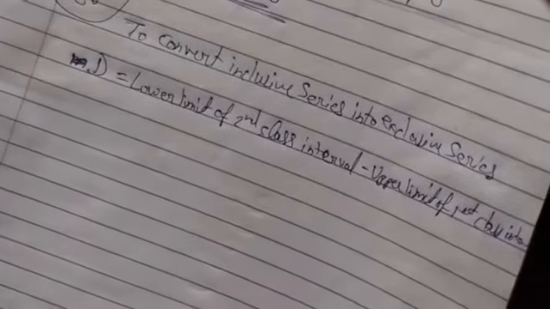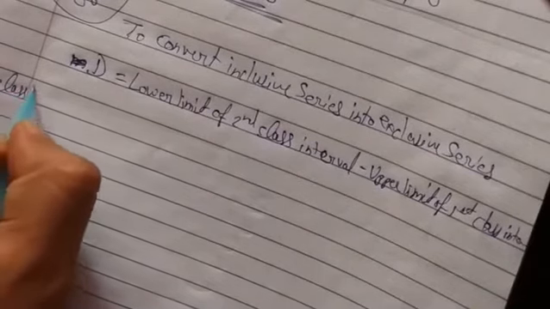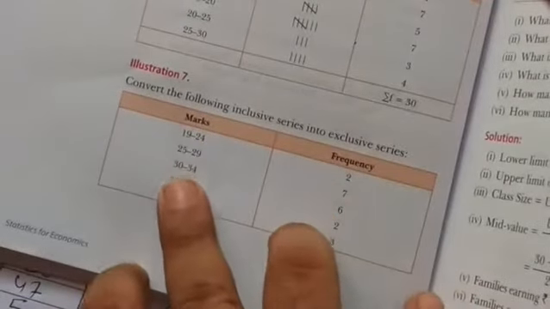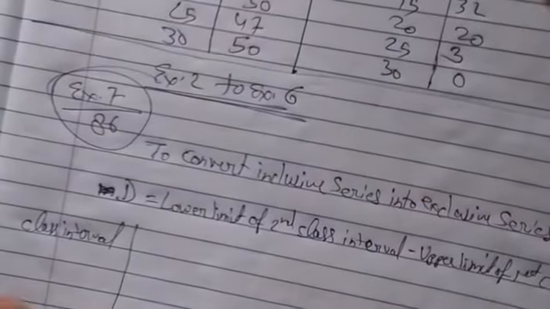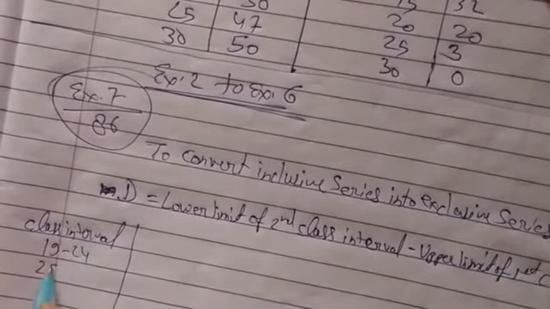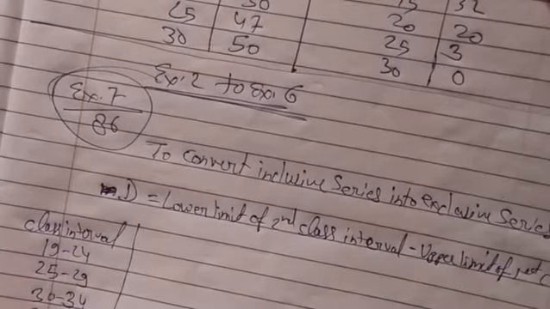First we write the class intervals that are given here in the book: 19 to 24, 25 to 29, 30 to 34, then 35 to 39, and then 40 to 44.